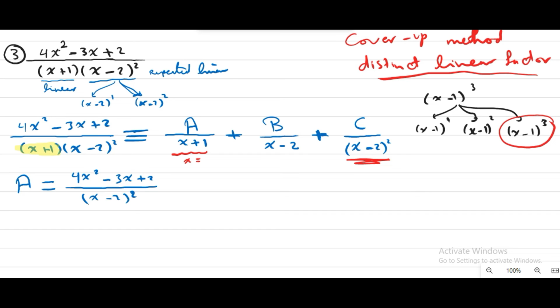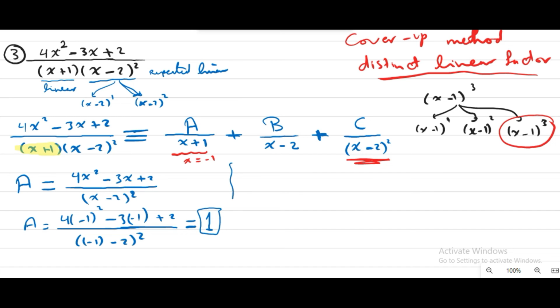Here x equals negative 1, the value which makes this factor equal 0, so we'll put negative 1. A equals, and you have to put this value between brackets, minus 3 multiply negative 1 plus 2 over negative 1 minus 2 all to the power of 2, A equals 1.